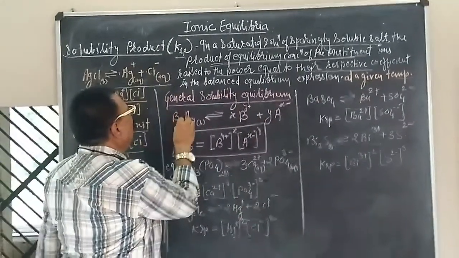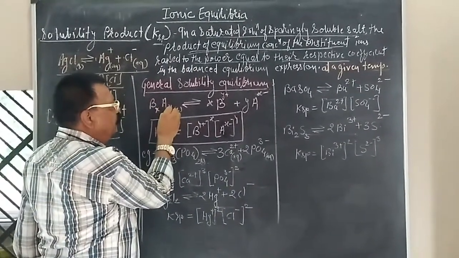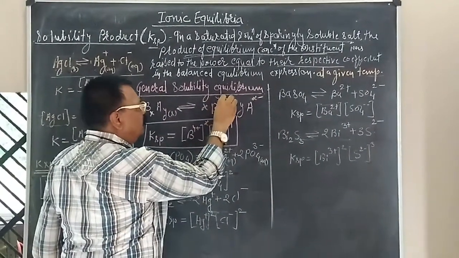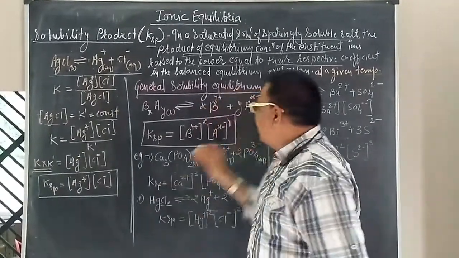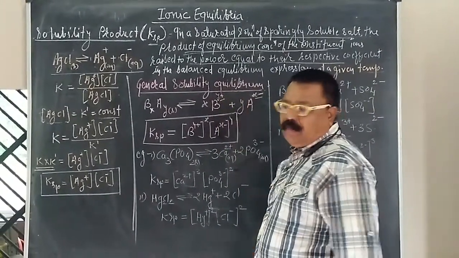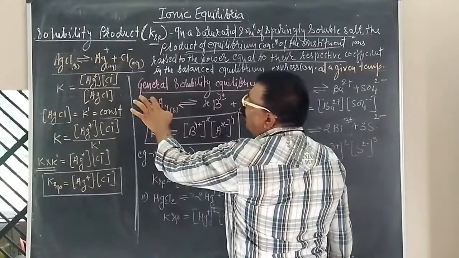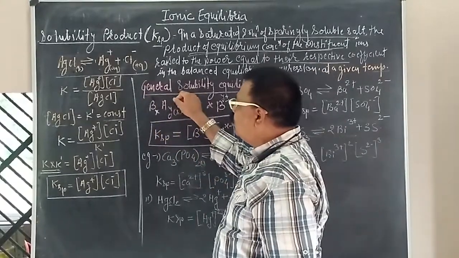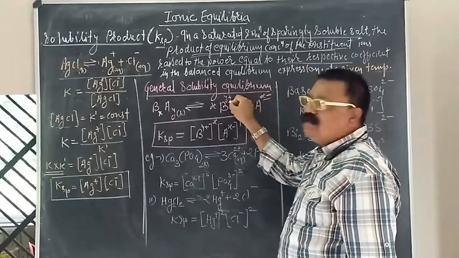Now consider BXAY, that will be converted into X into BY plus Y into AX minus. What is the negative charge? X minus. What is the positive charge? Y plus. The positive charge on B will be Y, which nullifies Y, and the negative charge will nullify X, so minus X and plus Y.